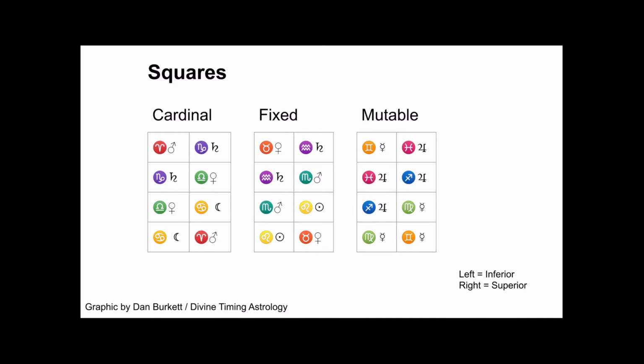And mutable, you've got the knight, who's speedy, racing through on his horse kind of thing. So it's natural that Mercury would be there in the knight cards, right? Now, Jupiter as a knight, I'm not quite sure how to explain Jupiter's mutability right now. I'm just winging this as exploration.